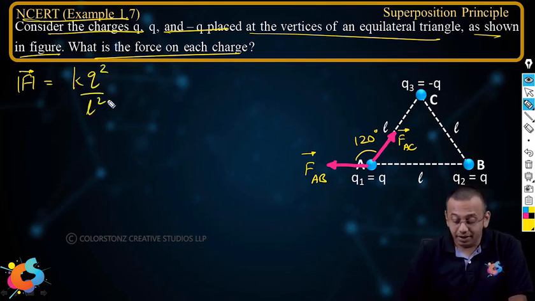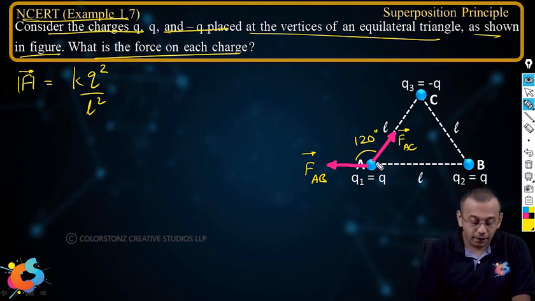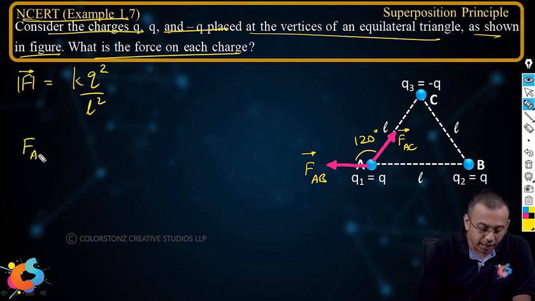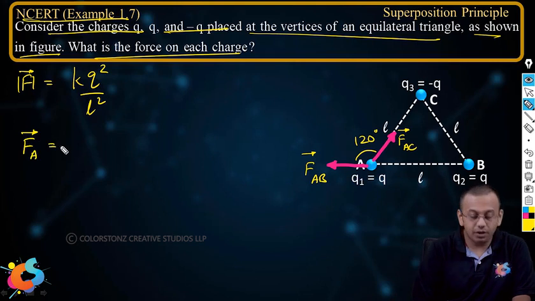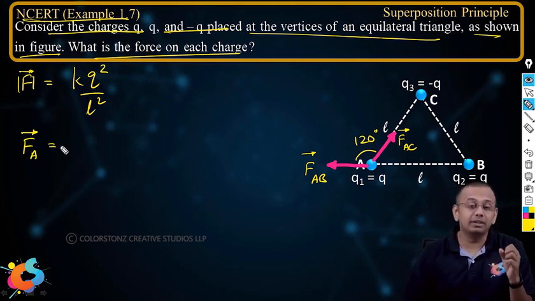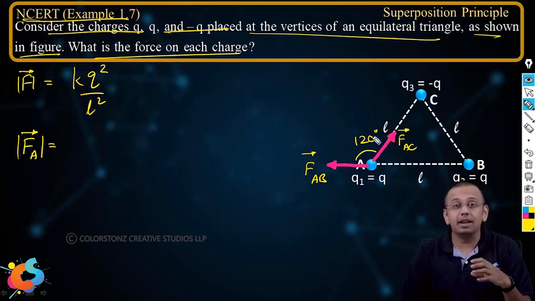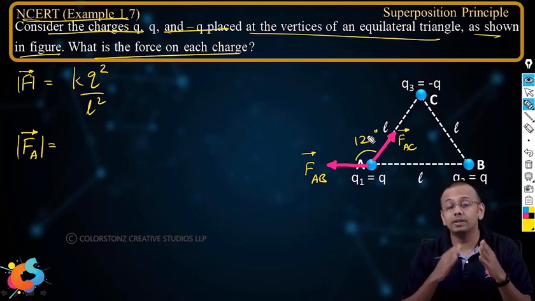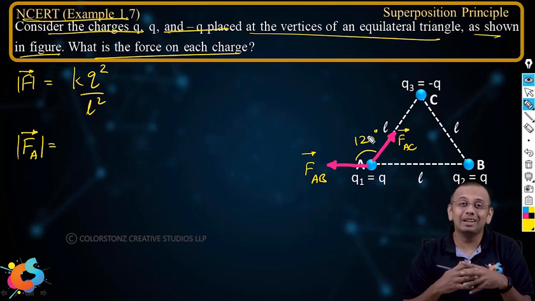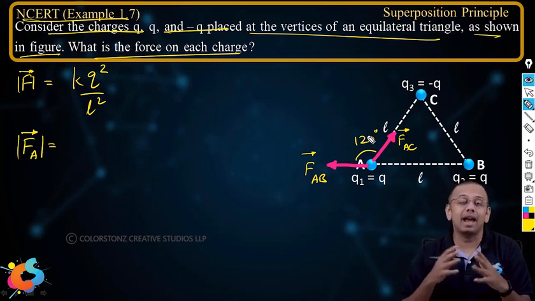All right. Now, for finding the force on A, we need to add these two vectorially. So for the resultant, either you can use the resultant formula or you can take components and then add them.